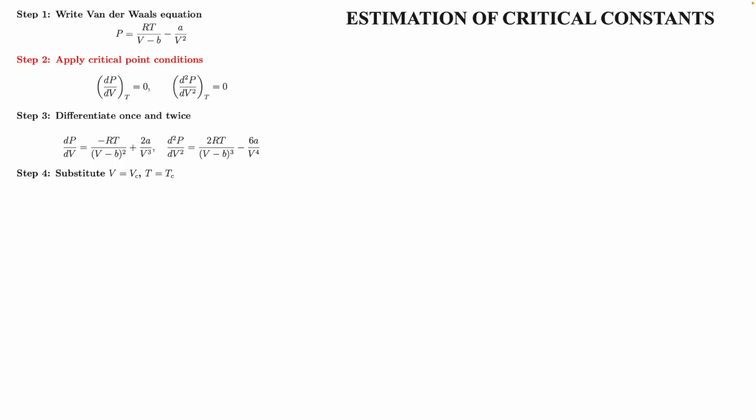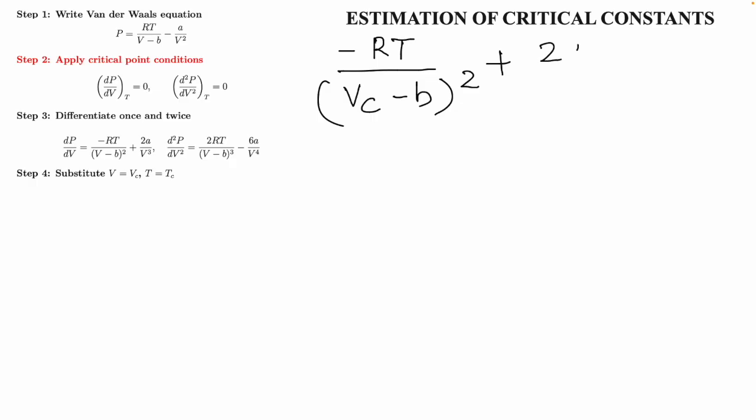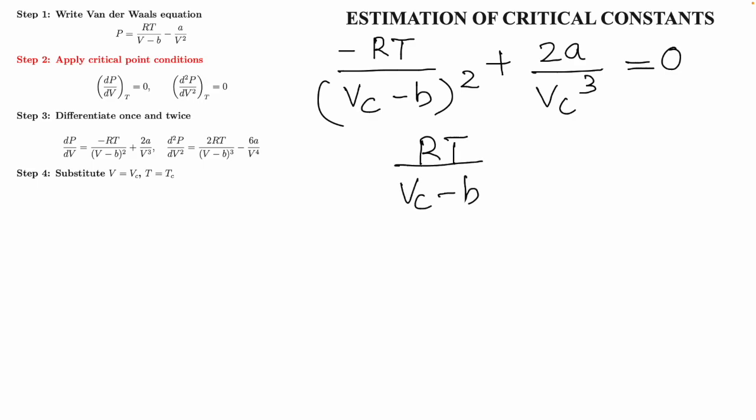So what is our first term? Minus RT by (Vc minus b) the whole square plus 2a by Vc cube is equal to 0, which means, taking the negative to the other side, RT by (Vc minus b) the whole square is equal to 2a by Vc cube.